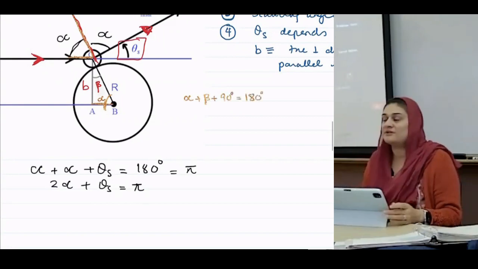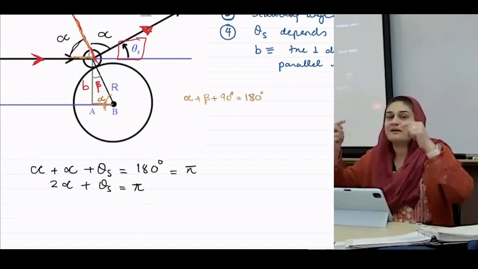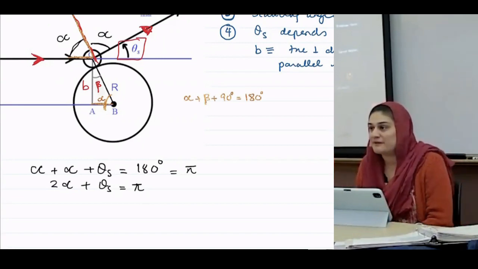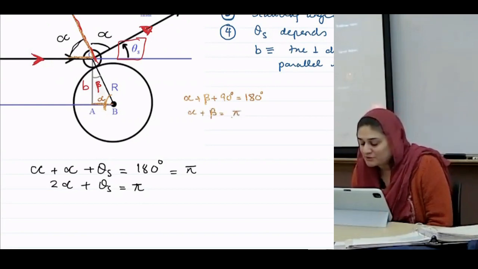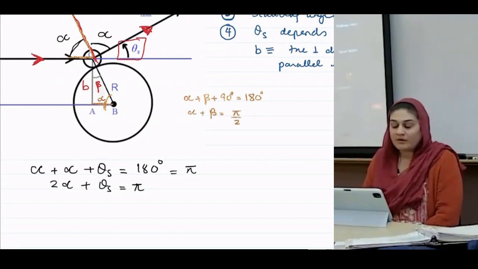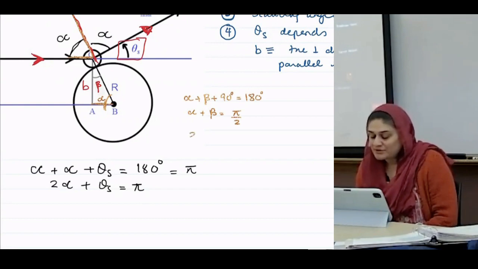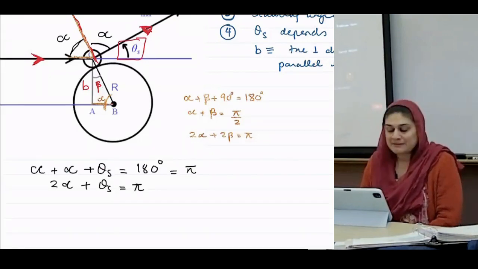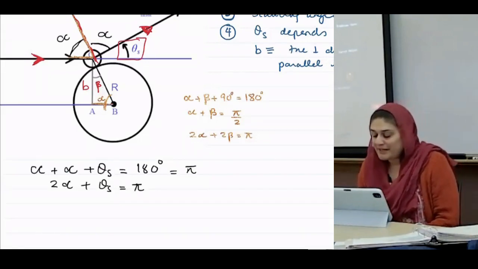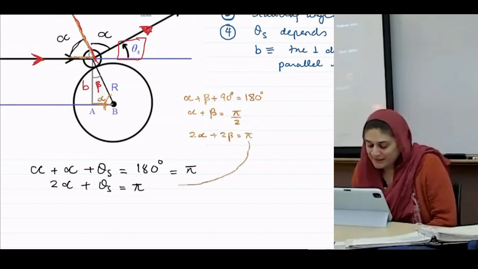Is that the sum of the angles inside the triangle? Is that how we define them? So then may I write alpha plus beta equals pi by 2? Or may I write 2 alpha plus 2 beta equals pi? Yes? May I plug this value of pi in here?